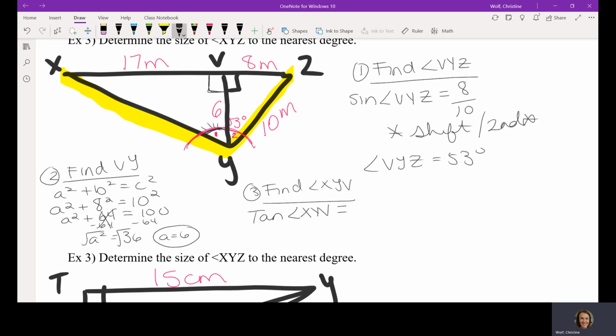So tan of that angle, which is XYV, that little number 1 angle there, is opposite 17 over adjacent 6. And it's tan, and you're looking for an angle. So that means you press shift. And we should get that it equals 71 degrees.